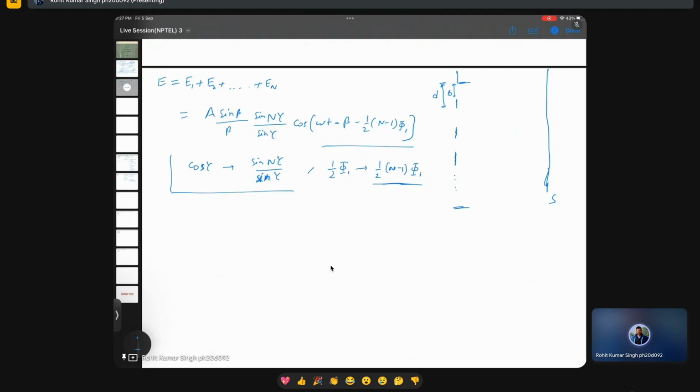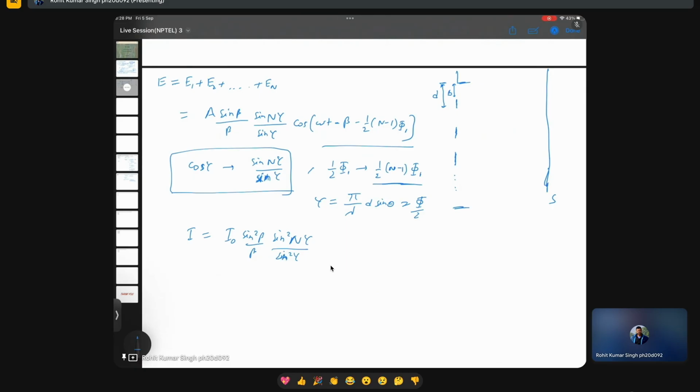This is the other substitution when you go from 2 to n slits. Now you will see a very interesting thing, and as usual gamma is pi by lambda d sin theta, which is also equal to phi by 2, and the intensity is now given by I naught sin square beta by beta square times sin square n gamma by sin square gamma.